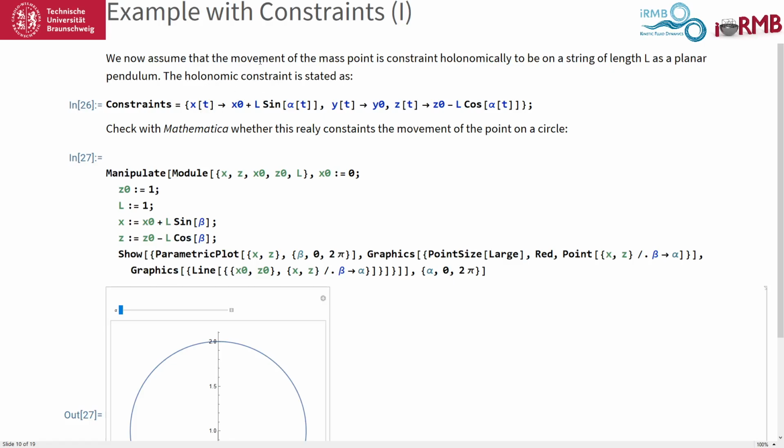So for example, it must be a holonomic constraint. It's allowed to depend on time and on the coordinates, but it's not allowed to depend on the velocity.